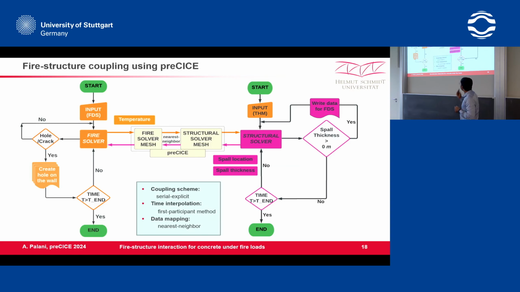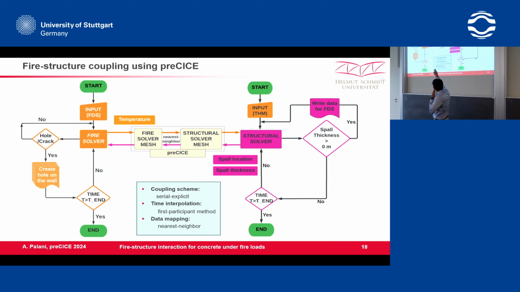And next, we move to the flow chart of our complete coupling scheme. I am not going to speak about the solvers in detail. I don't want to bore you. I just want to give you a brief structure of how our coupling scheme looks.